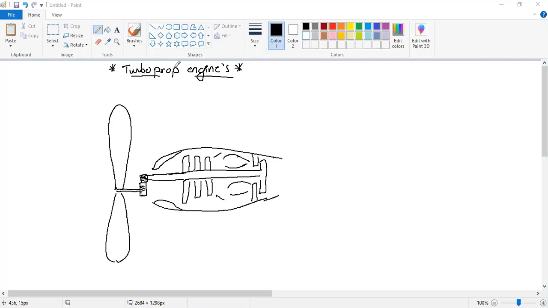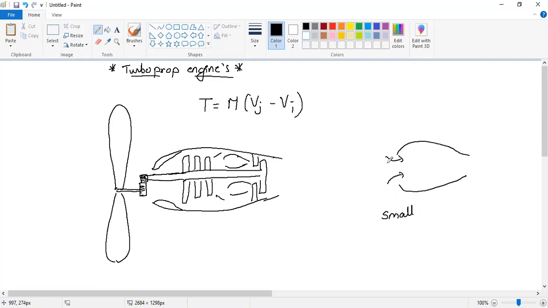Clear? So what is the difference between the jet engine and the turboprop engine? We know that the formula for thrust is equals to m (Vj minus Va), right? That means mass of the air, exhaust gas velocity, and inlet air velocity. So in a normal jet engine, from the front, a very small mass of air is taken.